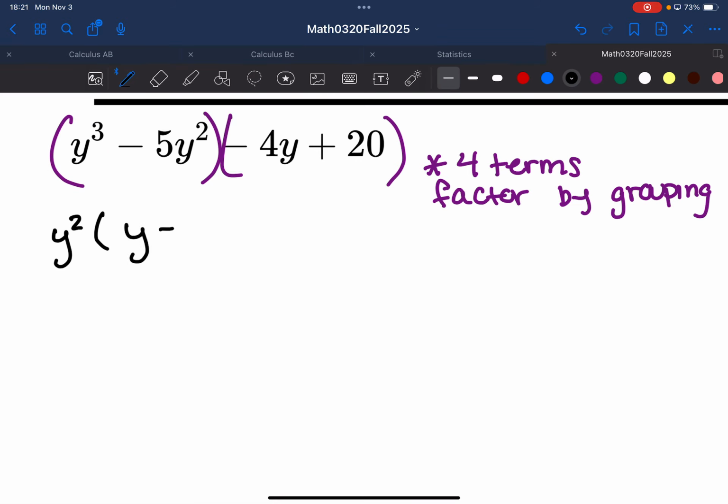Good, y minus 5. And then I want to end up with y minus 5, so I know the GCF that comes out of the next one is going to be minus 4, because I want a positive y there. So when I take out a negative 4, I'm left with y minus 5. Okay. Once I get to this part, factor by grouping, what's my next step?